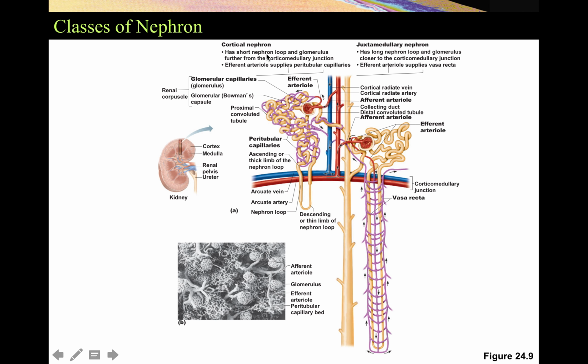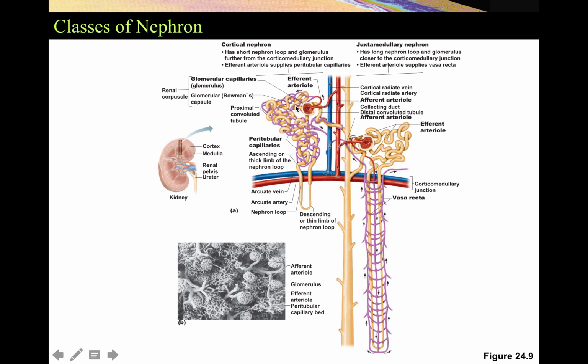One of the main characteristics of this nephron is that it has a relatively short nephron loop, which means it really doesn't have much time for reabsorption. On the other hand, you have the second category of the nephron. They are not very common, about 15% of the total nephron numbers.